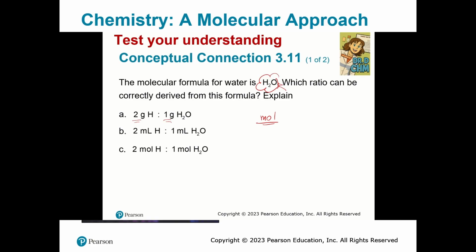I know that 1 mole of hydrogen contains 1 gram. So if I multiply by 2, I have 2 grams of hydrogen, and I'm gonna have 1 atom of oxygen, but I have 16 grams in 1 mole. So I'm gonna have 16 grams of oxygen. So I don't have 2 grams of hydrogen in 1 gram of water, so this cannot be it.